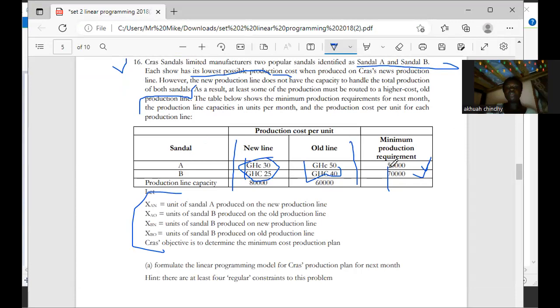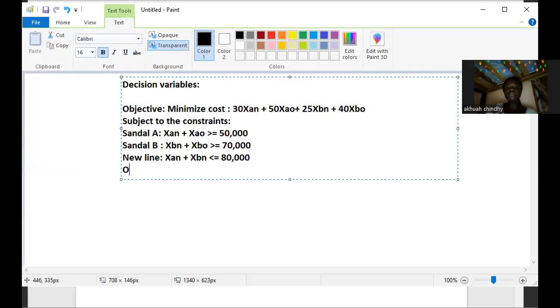That's what the table is telling us. So it's telling us that on the old line, the quantity produced for A on the old line plus the quantity produced for B on the old line should be a maximum of 60,000.